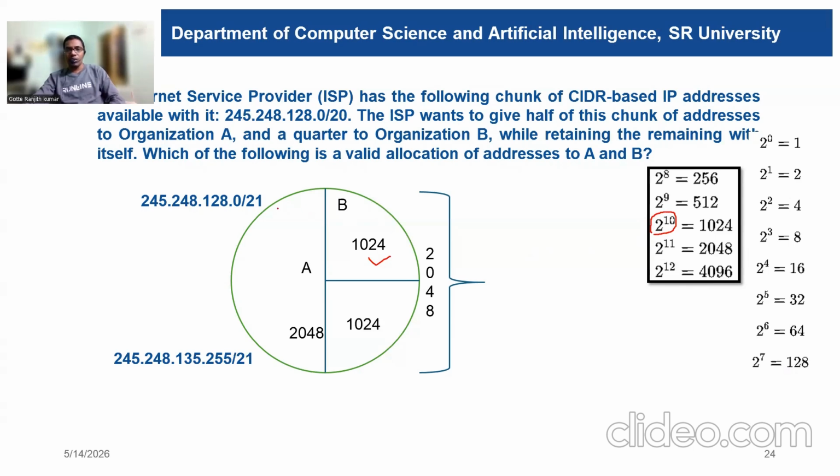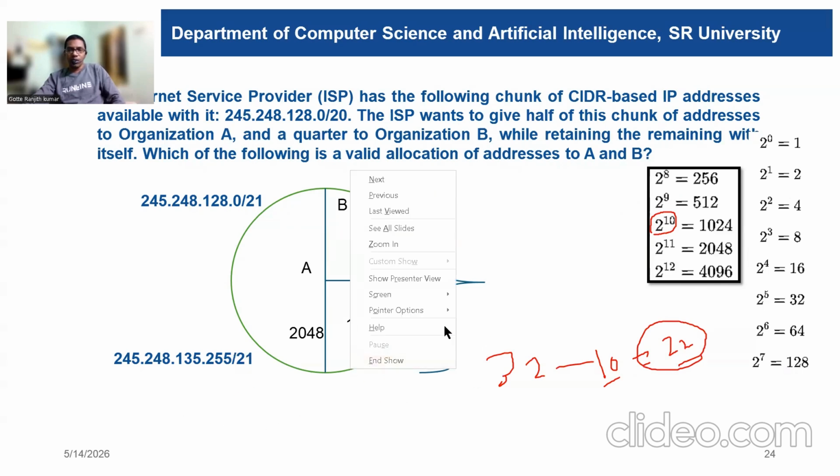These many hosts are there, and in order to represent those many systems, we use 10 bits. Total 32 bits of IP address, minus 10, this is the host address. Then remaining how many? 22. So 22 for the network address.